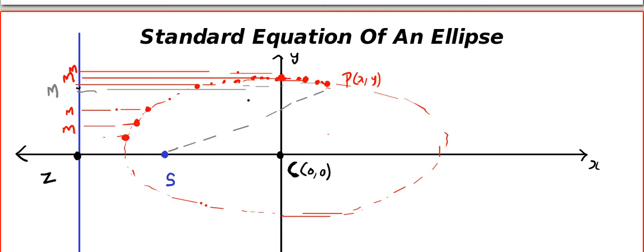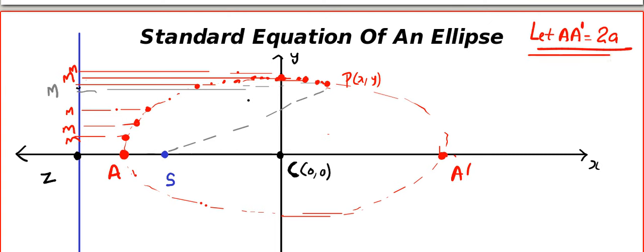When P is here, M will be here. And this, I'm going to call A. So I'm calling the vertices A and A dash. I hope you don't mind. And one very important thing, let the distance between A and A dash be equal to 2a. And we know that the distance from the center to A equals the distance from the center to A dash. That's a symmetry of the standard equation. Don't forget, this comes from the symmetry of the standard equation.